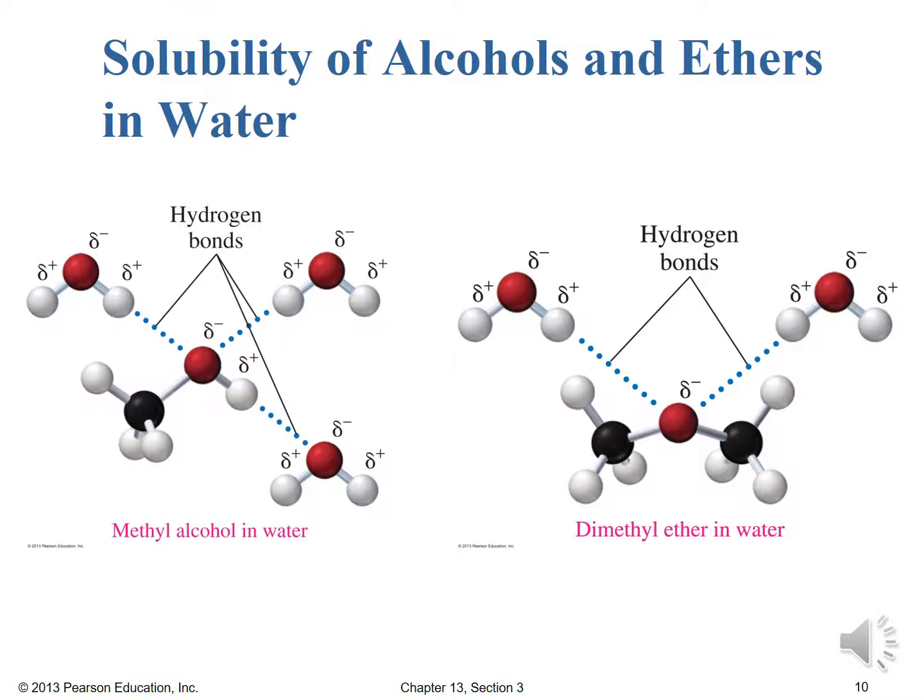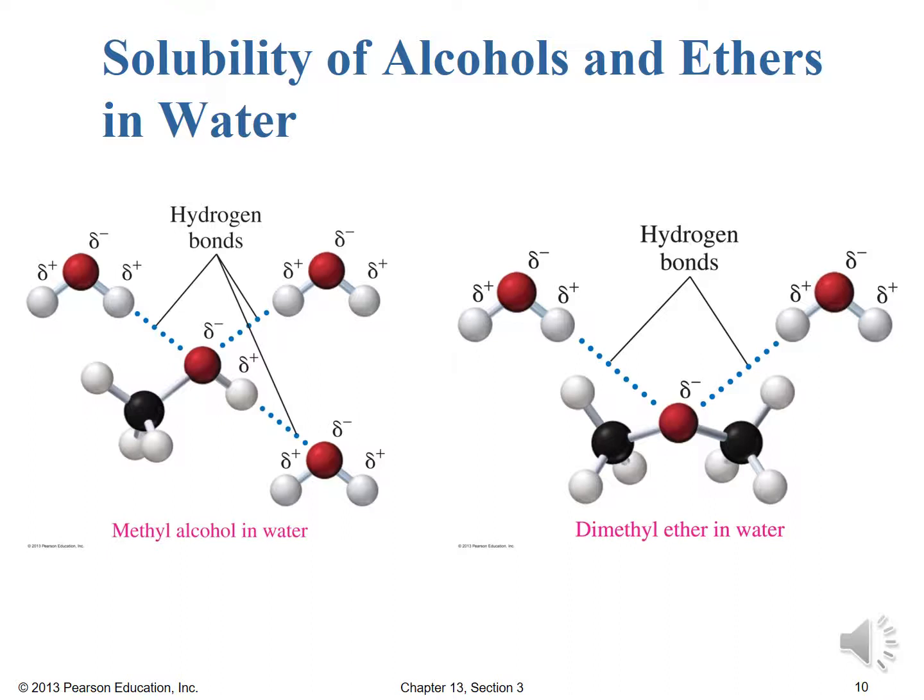It can be a hydrogen bond donor, as we see the methanol OH group donating a hydrogen to the far right bottom oxygen lone pair, and then it can be a hydrogen bond acceptor as well, as we see the lone pairs on the oxygen of the methyl alcohol accepting hydrogens from the 2 top water molecules.